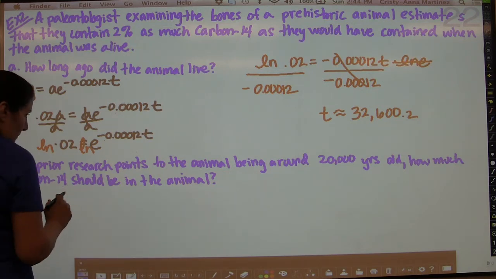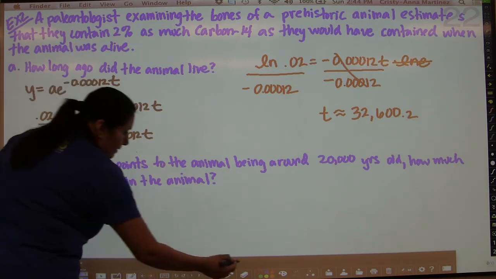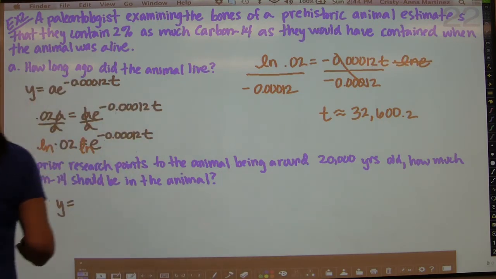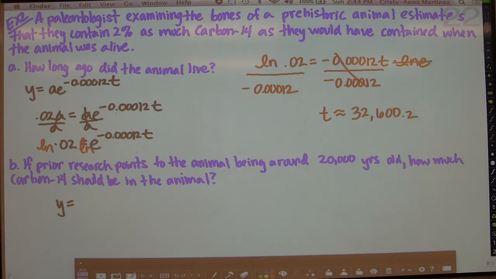So here we go. Y equals, now here's an interesting thing. If the animal is alive, we're expecting there to be 100% of the carbon-14. We said that if the half-life would be when half of it's left, 2% of it left is 0.02. But if the animal is still alive, we're assuming that he's going to be 100% there.